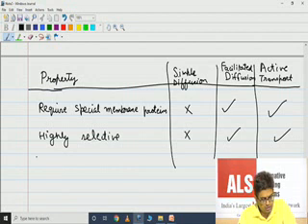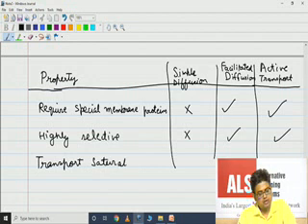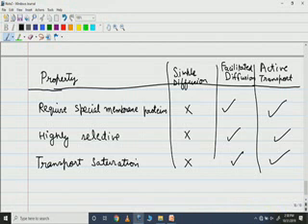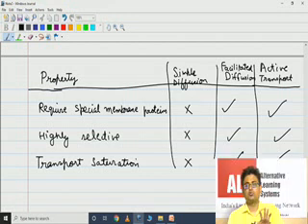Transport saturation. There is no saturation in simple diffusion. But in facilitated diffusion, there is saturation. In active transport, there is saturation. Why? Because there are proteins and the number of proteins is limited.